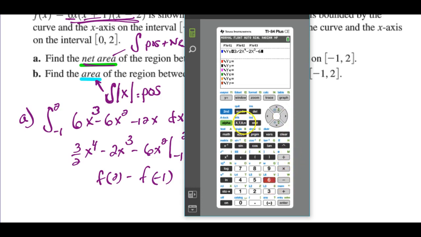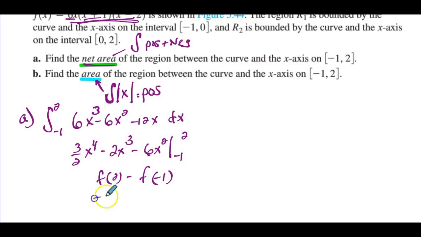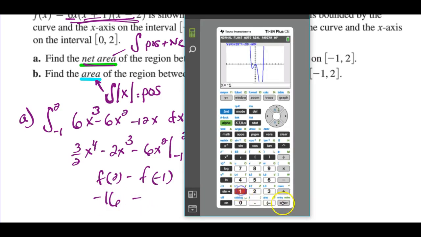So I'm just going to type this function into the calculator and then hit trace, 2, enter, and get negative 16 minus the negative 2.5.